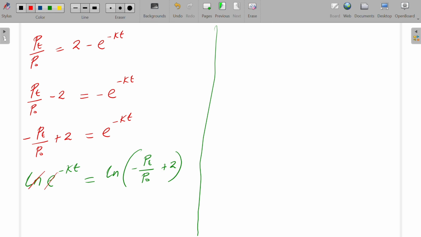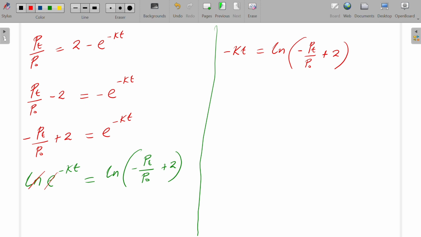So this and that will cancel. What you have now is minus KT has dropped down, and this will be equal to still the natural log of minus PT on top there, then minus P initial down there, then this is still being added to 2. So that's what we are going to have in that case. Still like that, we're talking about the whole expression.